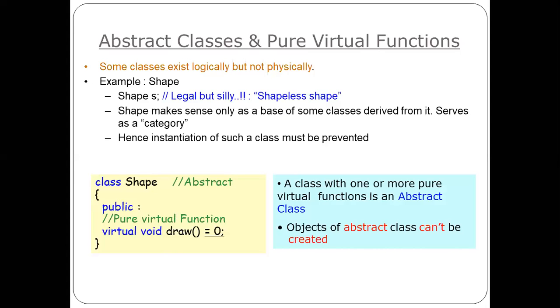The class should have at least one pure virtual function, and then it will be referred to as an abstract class. Abstract means some summarized thing, and from that summarized part we can get detailed information. As we can say, Shape: we need to draw a shape, but which shape we need to draw can be identified with a few more classes. If you create an object of it, it might give an error.